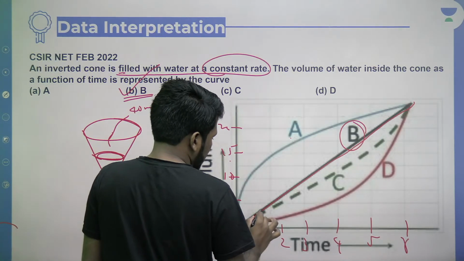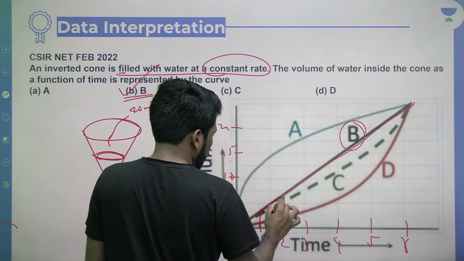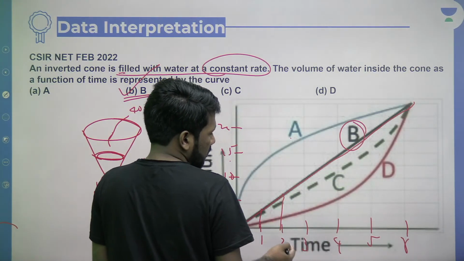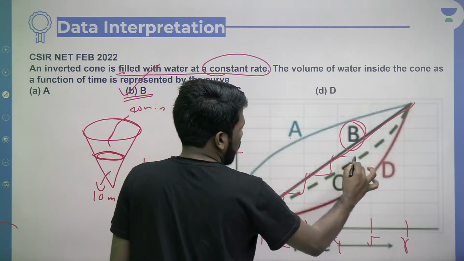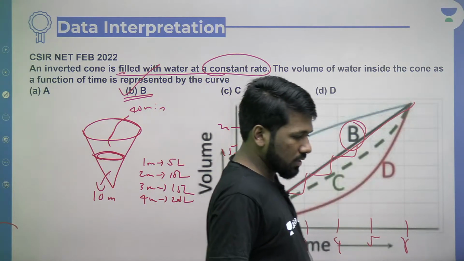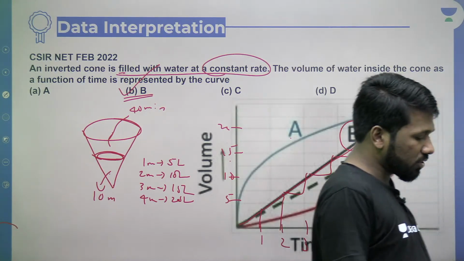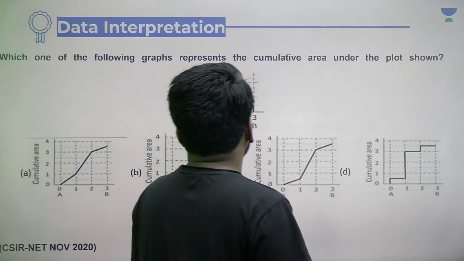It will be constant rate. Likewise, the slope of the curve is same throughout. About slope of the curve, if you have confusion, we will discuss more questions and then you will get more clarity. So try this question.